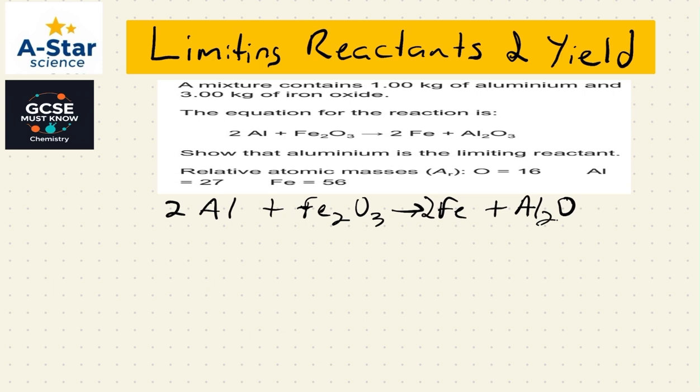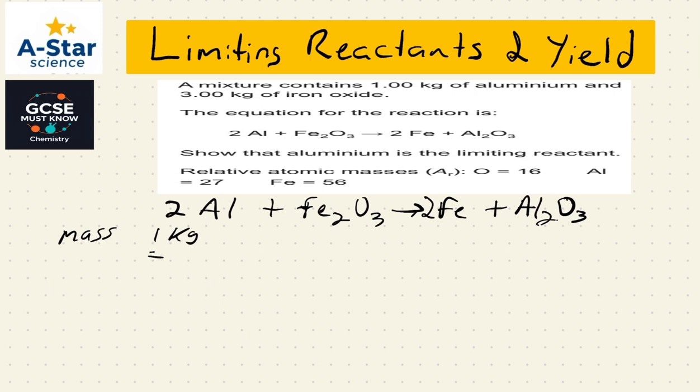And I'm going to do all of these calculations with you step by step along the way. So the first step is to use the equation, rewrite it out again in your answer space. The second step is to write down what you know. What have they given you in the question? So it says a mixture contains 1 kilogram of aluminum. So that's going to be the mass, which is 1 kilogram.